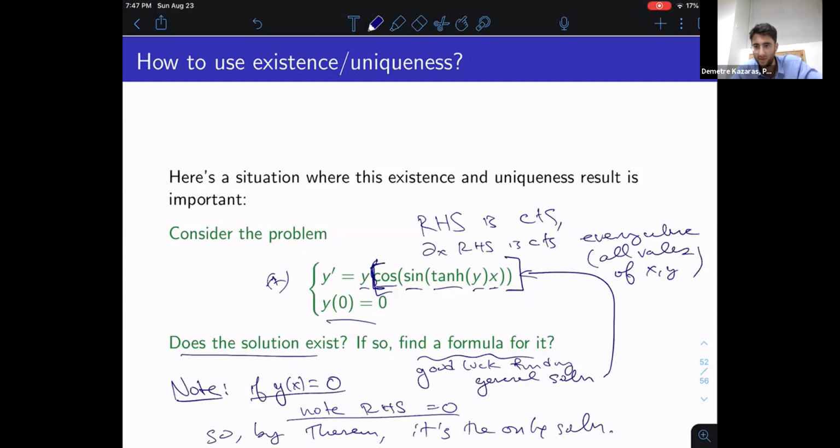Same thing would work with any crazy expression of x's and y's following that y, so long as it's continuous. But here we found the unique solution to this problem. If you didn't know about that uniqueness statement and the existence statement, it would have been much harder. So that's the power of these general existence and uniqueness statements. It's not obvious that this would have worked out in the first place.